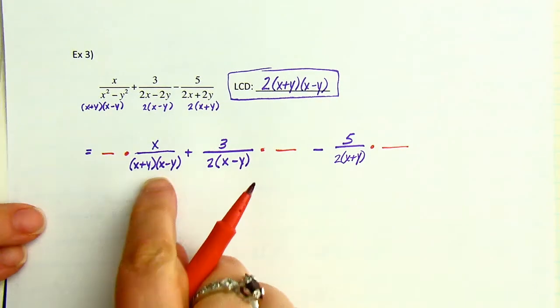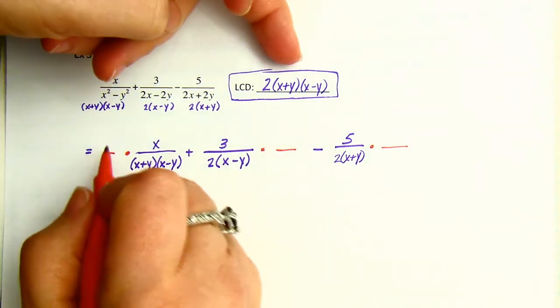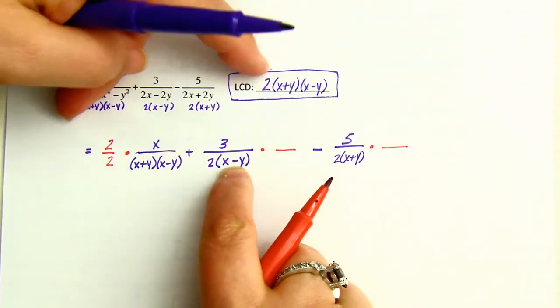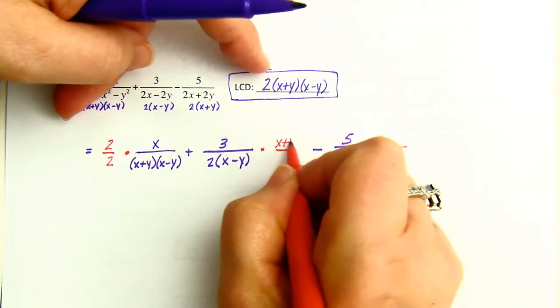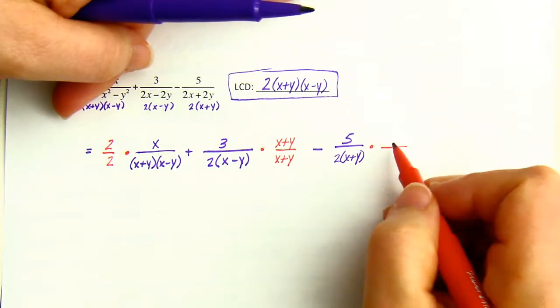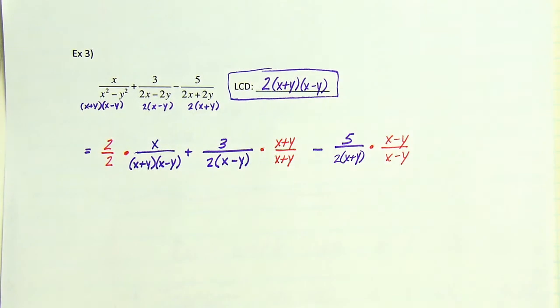Now, what do I have to multiply by to make this denominator be this? Well, that's 2, so 2 over 2. This has the 2 and the x minus y, so I need the x plus y over itself. This has the 2 and the x plus y, so I need the x minus y over itself. All right.